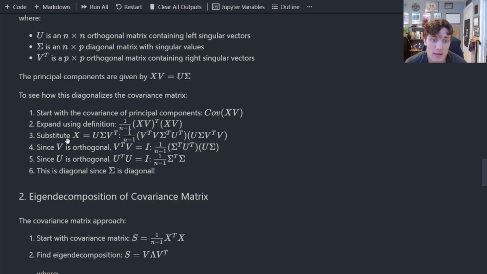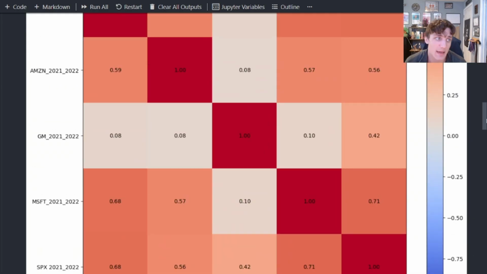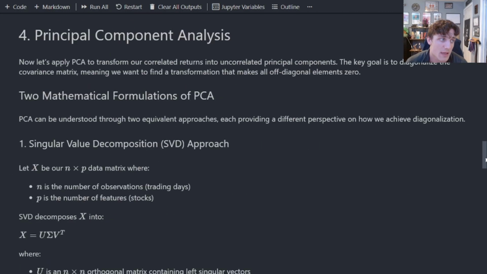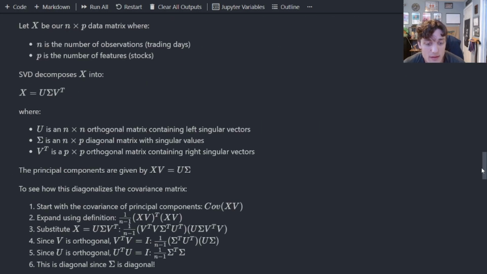We substitute in X equal to the singular value decomposition, and then since V is orthogonal, V transpose V is the identity, and since U is orthogonal, U transpose U is the identity, and we are simply left with 1 over n minus 1 Sigma transpose Sigma, and this is in fact diagonal since Sigma is a diagonal matrix. Okay, very good. So as I had mentioned, we are interested in diagonalizing this correlation covariance matrix. That is how we do it with a singular value decomposition.